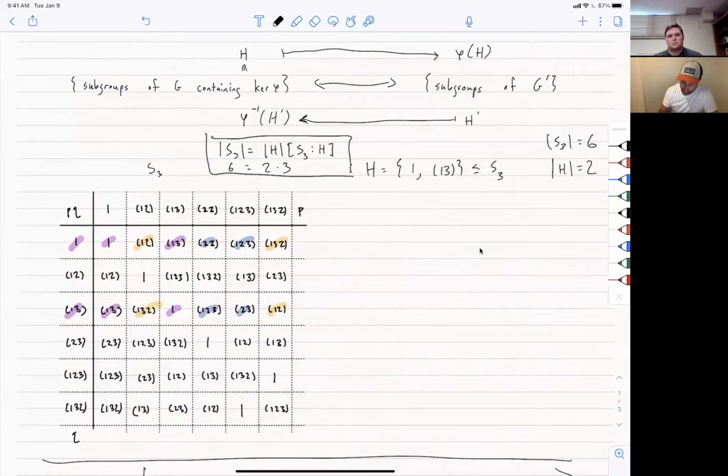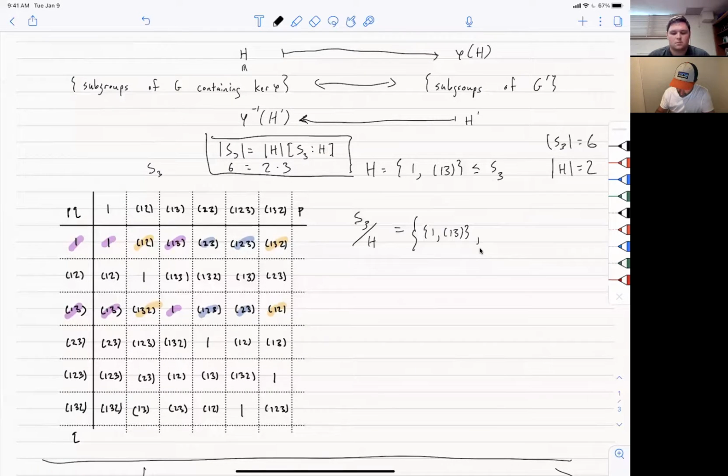And if I want to write those down, of course, we can write down S3 over H. And it's a partition. So the elements of this are sets, are cosets. They're not elements of S3, they're actually sets. And we can write them down.